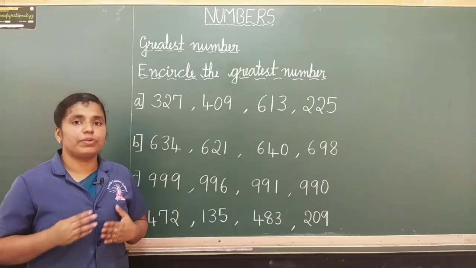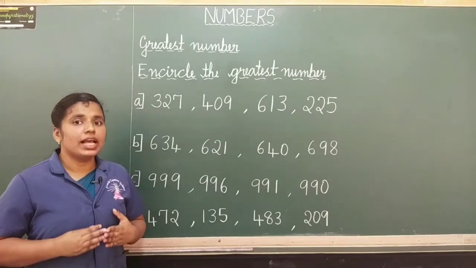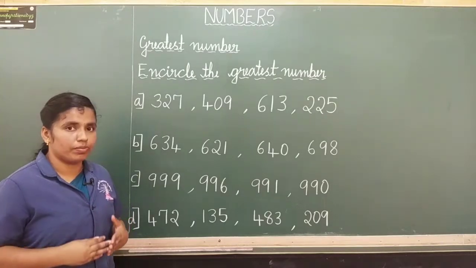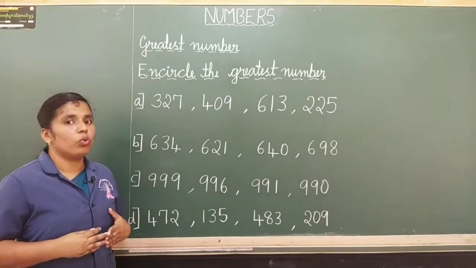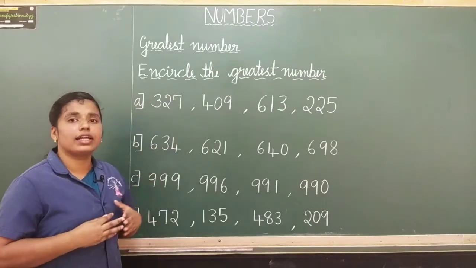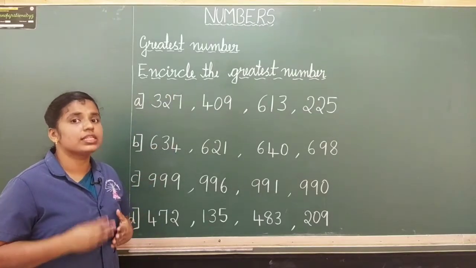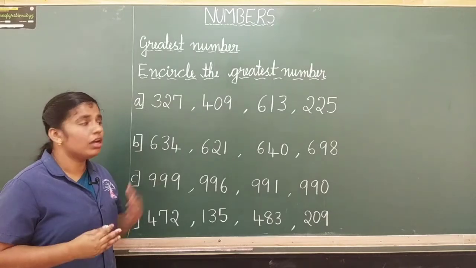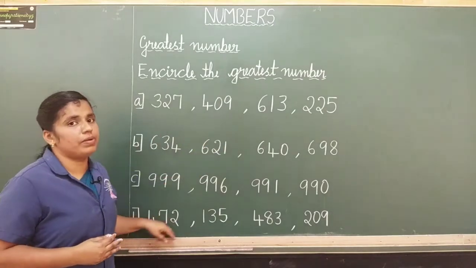Knowing the concept of comparing numbers, let us now find the greatest number from the given numbers. What you have to do is encircle the greatest number, which means you have to circle the greatest number from the given numbers.